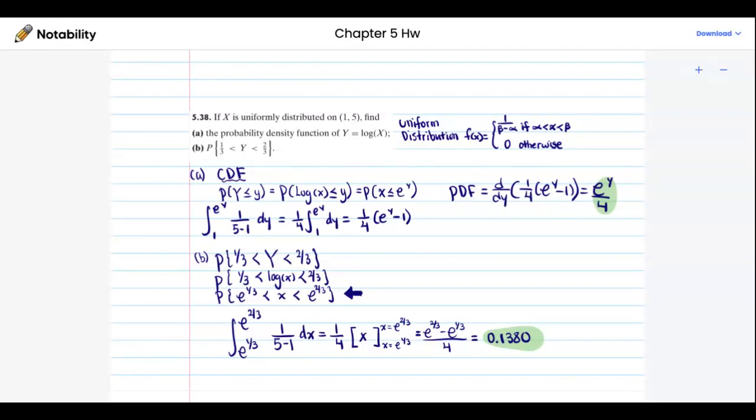Then we set up the integral with lower limit e to the 1/3 and upper limit e to the 2/3 of 1 over (5 minus 1) dx, which gives us the result 0.1380.